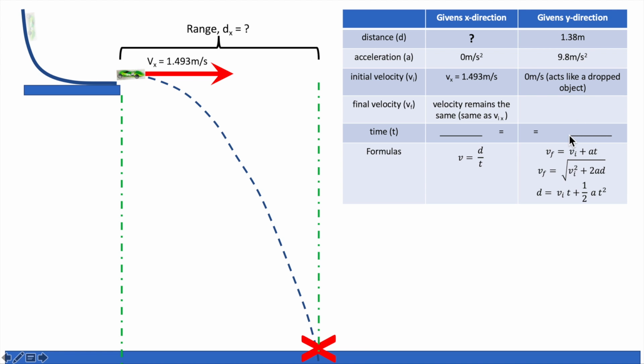That's the amount of time. The time it's falling is also the same amount of time it's moving across horizontally. Now you know the horizontal velocity, 1.493 meters per second, or whatever value you ended up measuring. So using this time and this velocity, you're going to solve for this distance, the new range of the projectile.